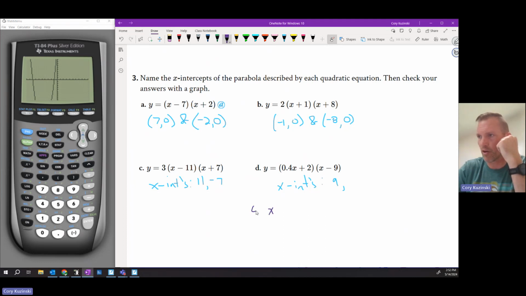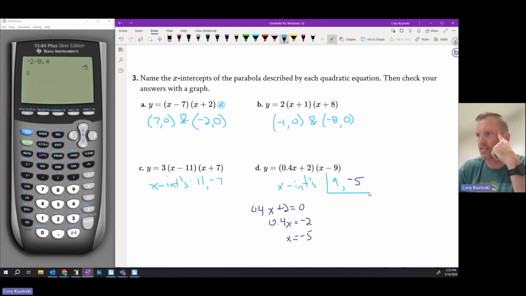But maybe I'll just do this the long way here. 0.4x plus 2. What would make that 0? Well, if I subtract 2 from both sides of this equation, I get that. And if I divide both sides by 0.4, -2 divided by 0.4 is -5. So the other intercept is -5.